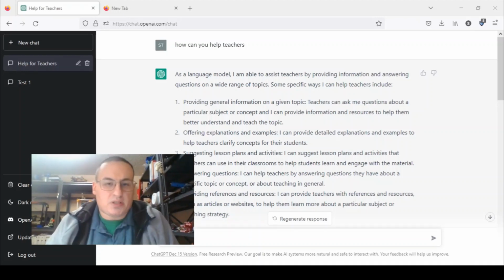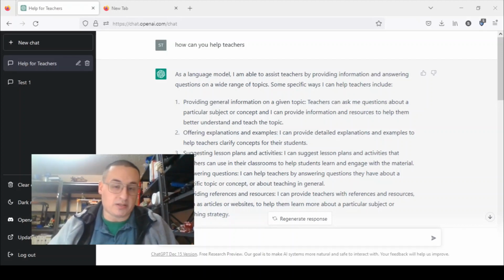So with ChatGPT, first thing you'll have to do is actually set up an account. Now, they don't have a class account, so it's an individual account, and you will have to enter in a cell phone number. So when you do this, you'll have to think very carefully about your student privacy and other security considerations. Also, this OpenAI and ChatGPT is open source.